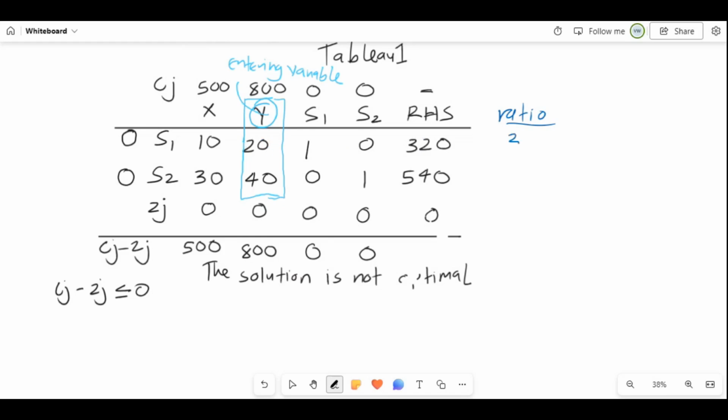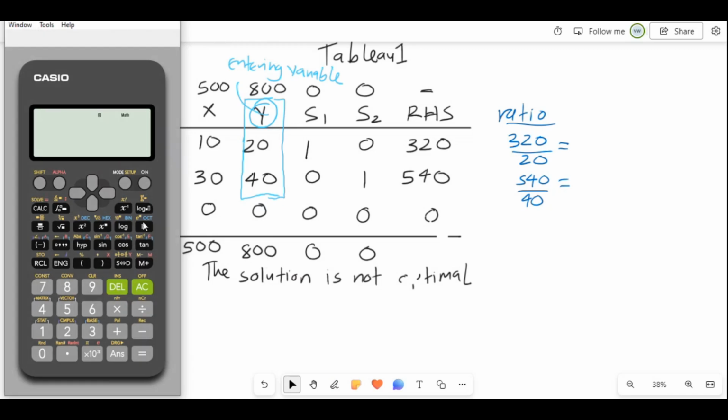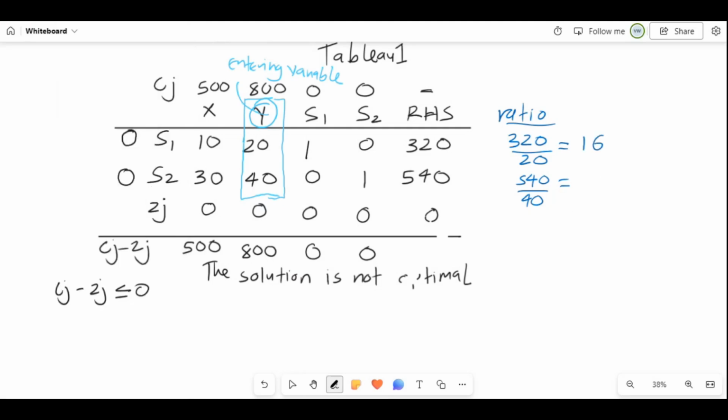So that in this case, this will be 320 divided by 20 and 540 divided by 40. So when we take 320 divided by 20, we get the ratio of 16.